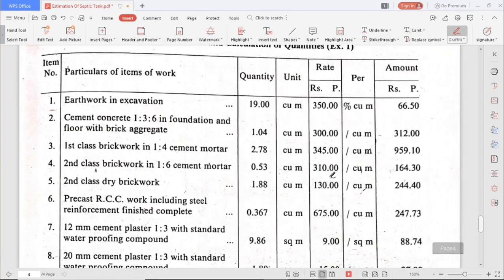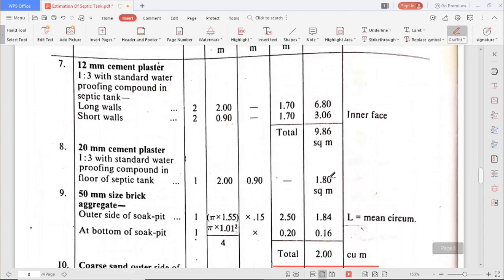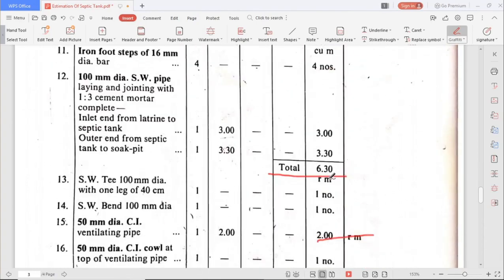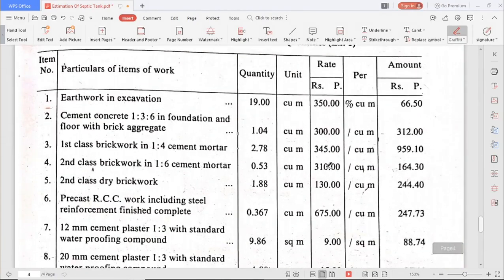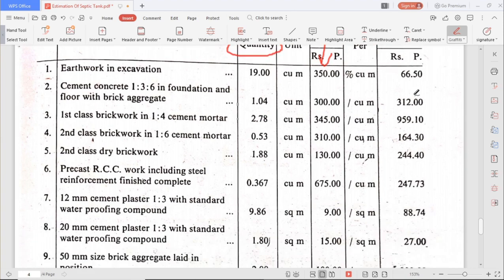It is done in the abstract of estimated cost. So this is the cost table form. So there will be the item number, then particulars of item, then the total quantity which we calculated with the unit and the rate of the SR book rate of your local authority, then amount.